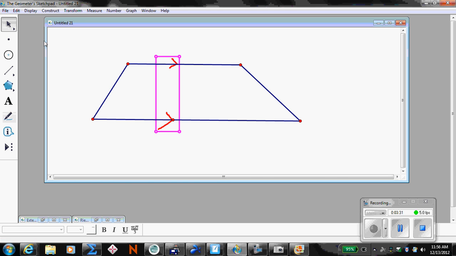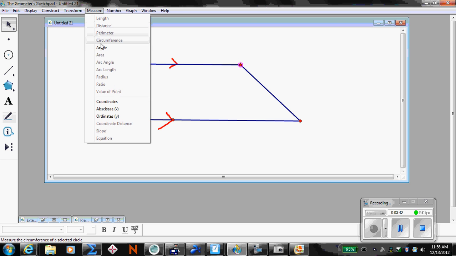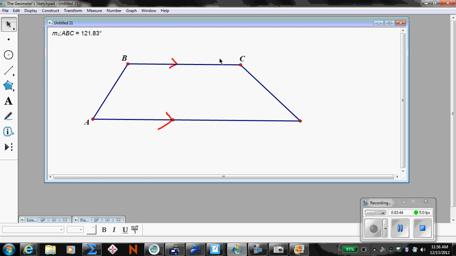Now I am going to measure my angles. Measure all four of them. And see if there is something special about the angles of a trapezoid.